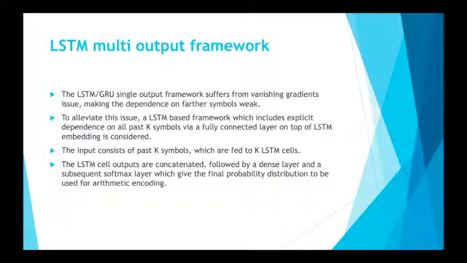We will show a diagram describing this part on the next slide. An input consisting of K symbols is fed into K LSTM cells, the same as in the single output framework. The LSTM cell outputs are concatenated, followed by a dense layer and a subsequent softmax layer, which give a final probability distribution to be used for arithmetic encoding.